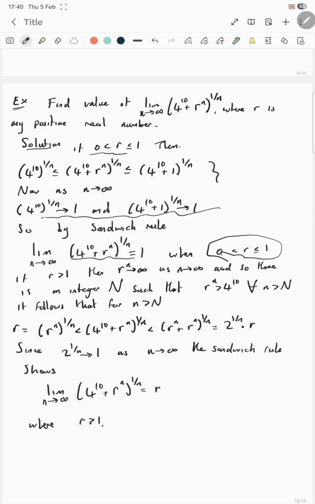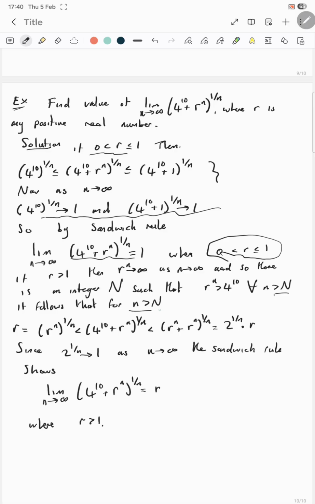If r is greater than 1, then r to the n tends to infinity as n tends to infinity. So there is an integer N such that r to the n is greater than 4 to the 10 for all n greater than N.